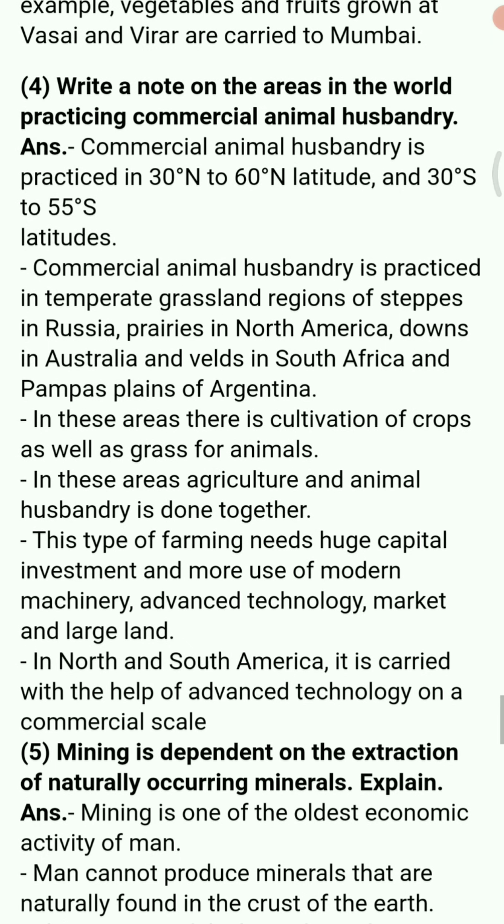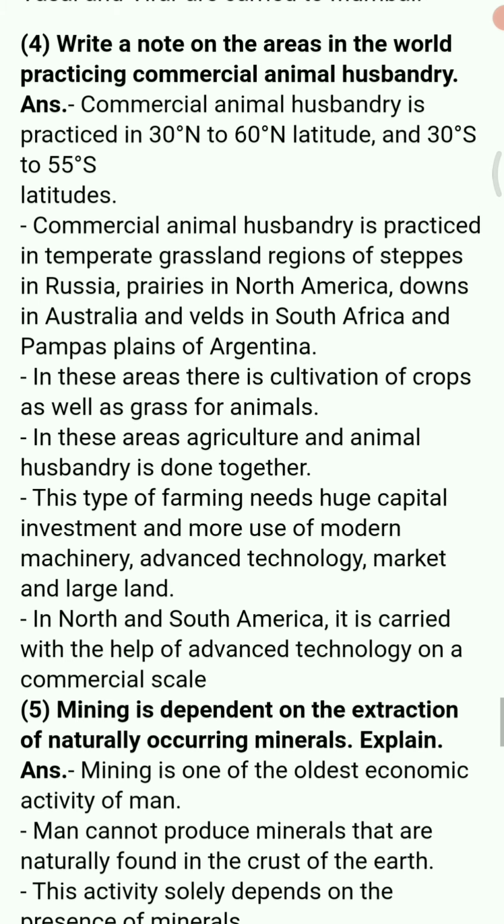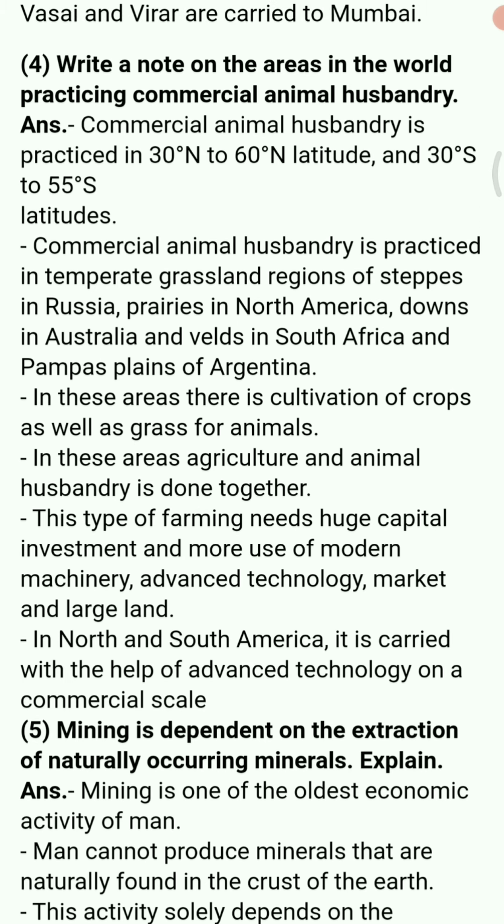Next question is, write a note on the areas in the world practicing commercial animal husbandry. अभी commercial animal husbandry का भी एक extent है.